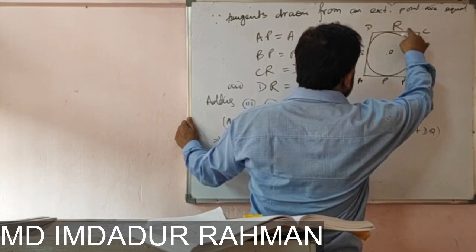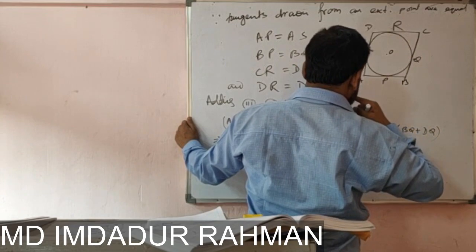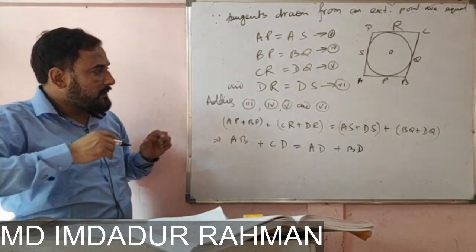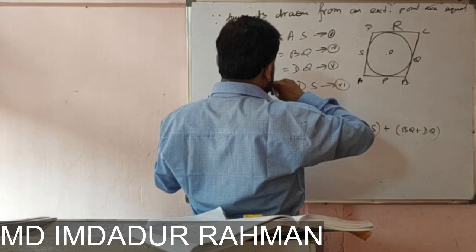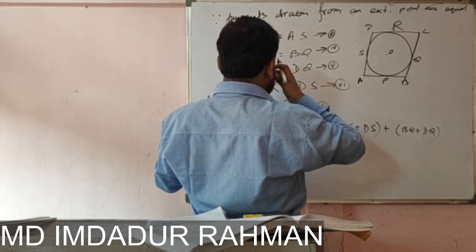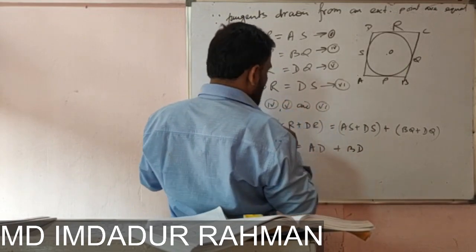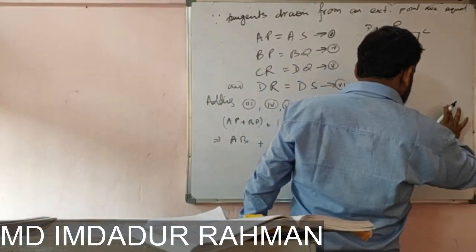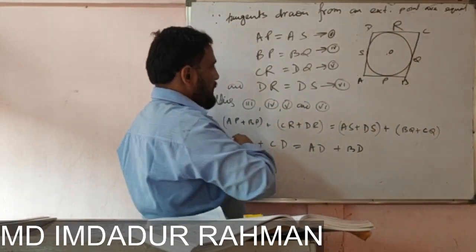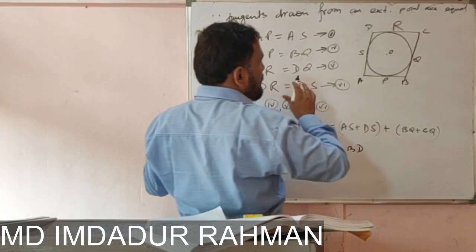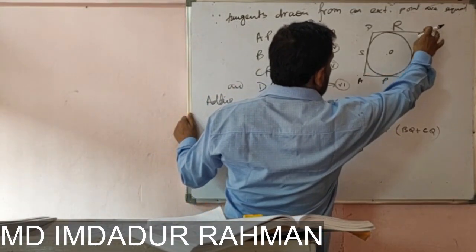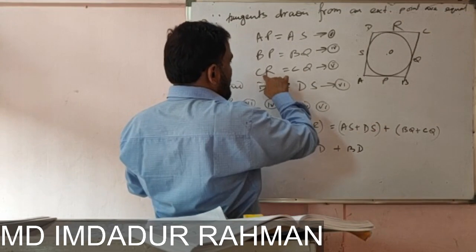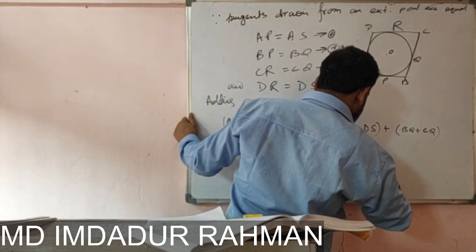Here we made some mistakes: CR is equal to CQ, so it will be CQ, and BQ plus CQ is BC.